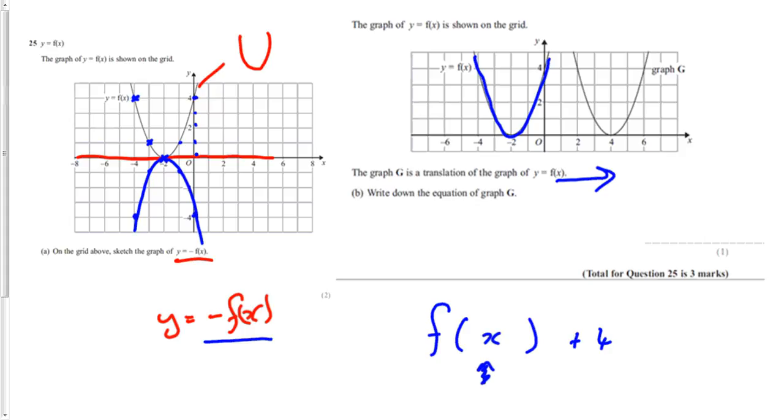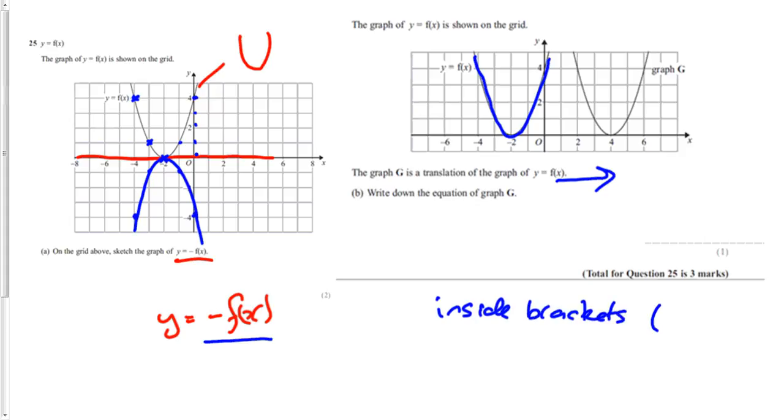So one thing to remember, and it's worth writing this down in notes for if you're doing revision on this, is inside the brackets, stuff moves left and right. Outside the brackets, stuff moves up and down.